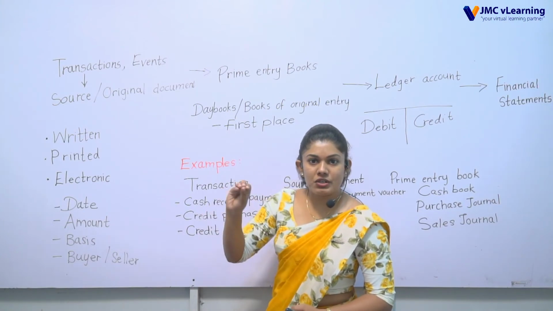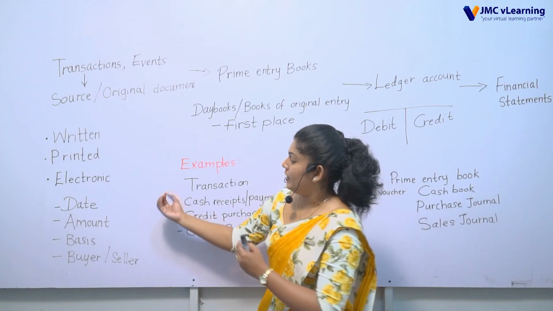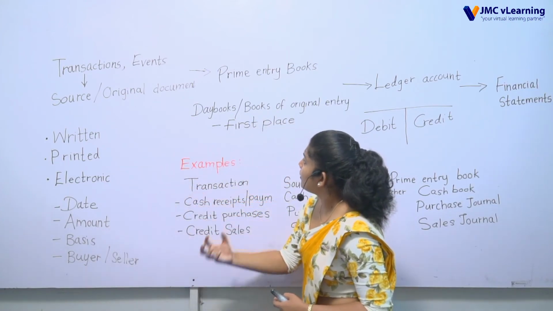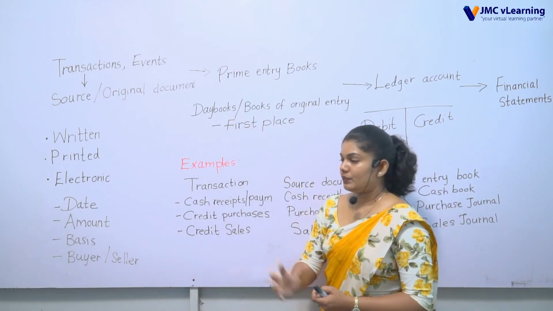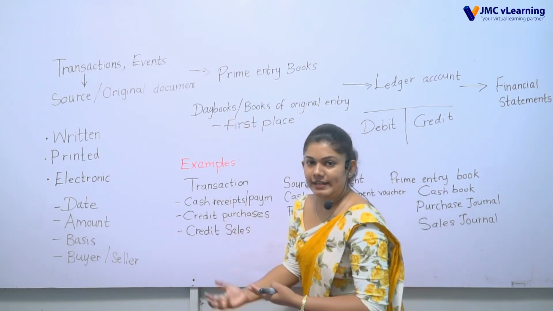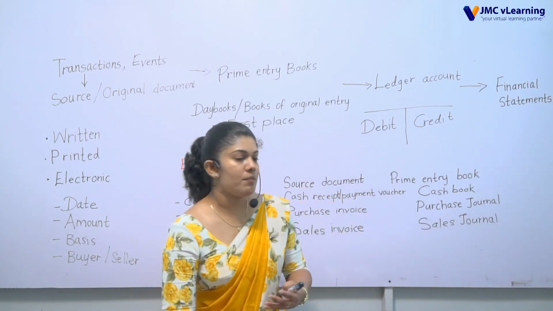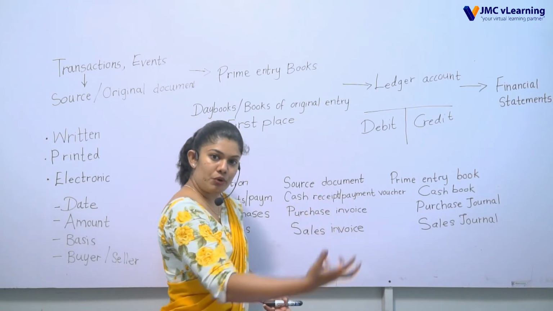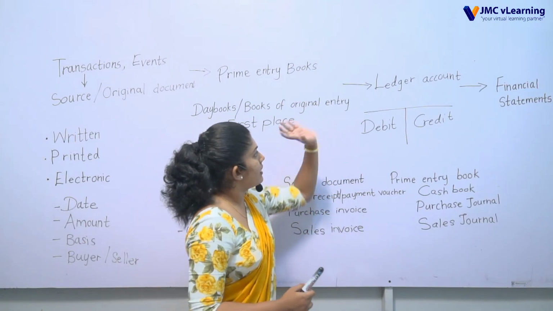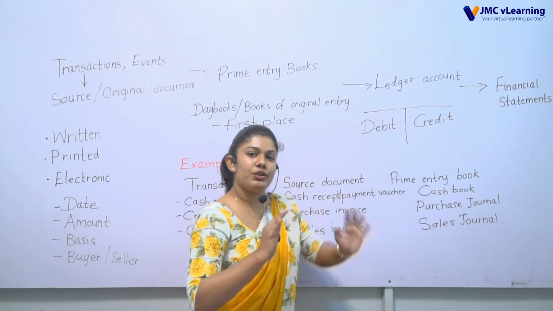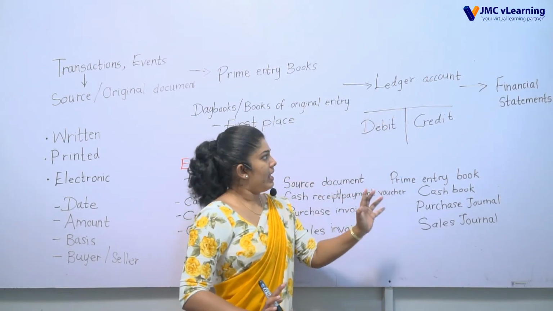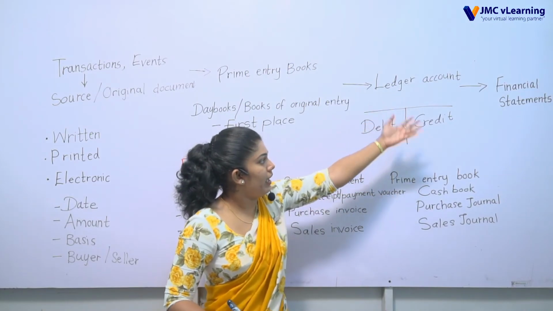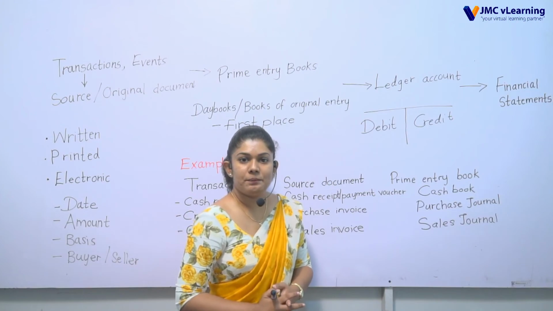Therefore, we extract these details from source documents and we record them in the day book. According to these transactions, we have separate source documents or separate day books. After recording in these prime entry books or day books, we post them into ledger accounts according to the double entry. And finally, using these details, we prepare financial statements.